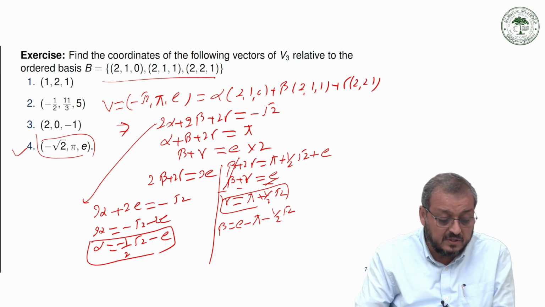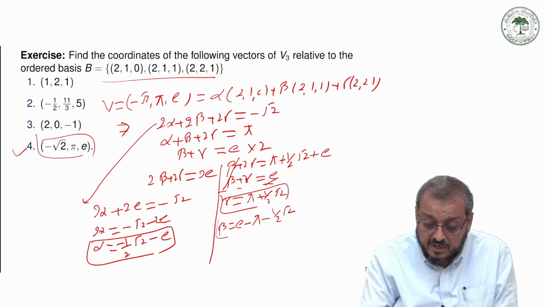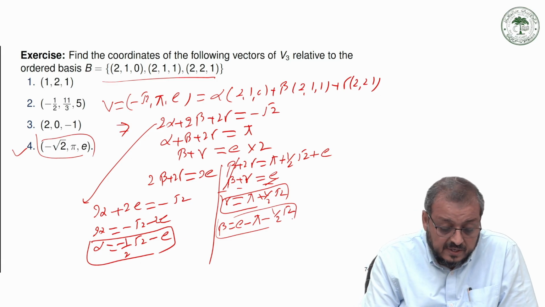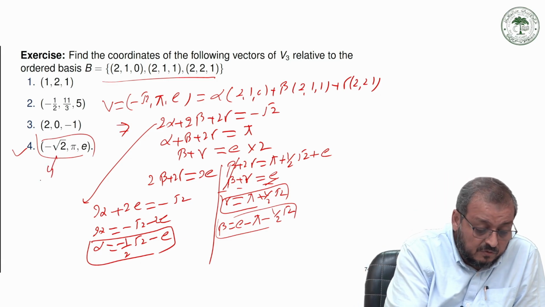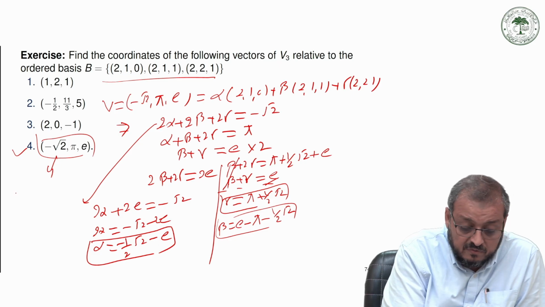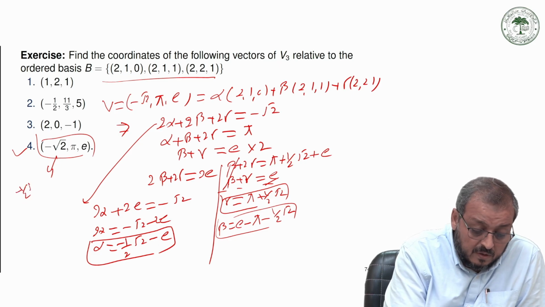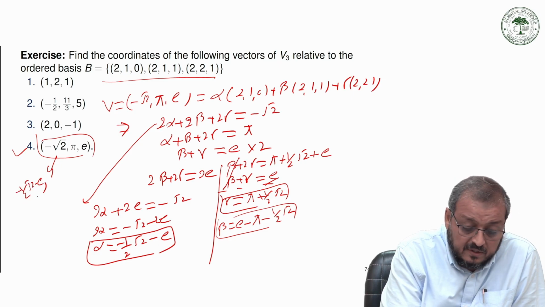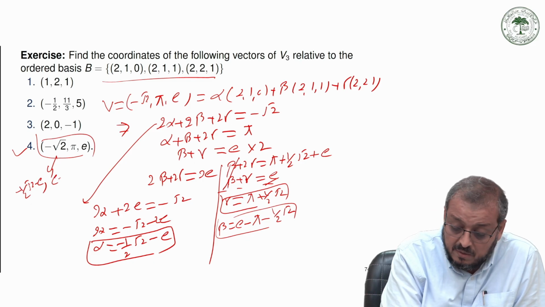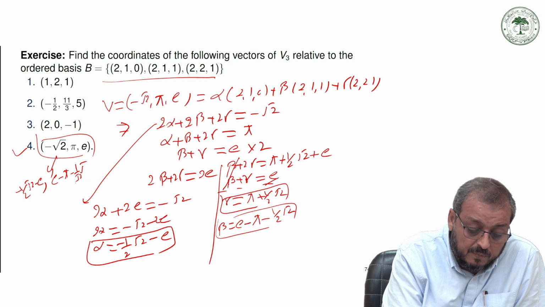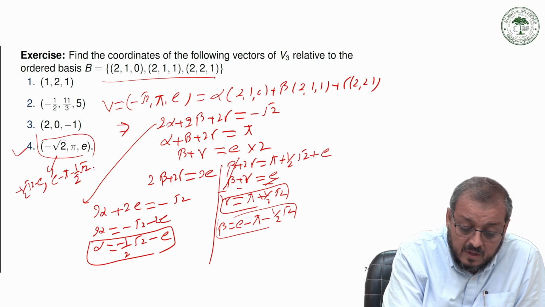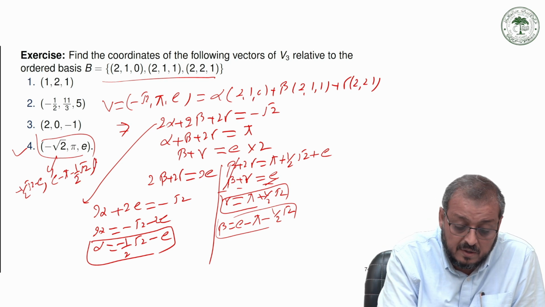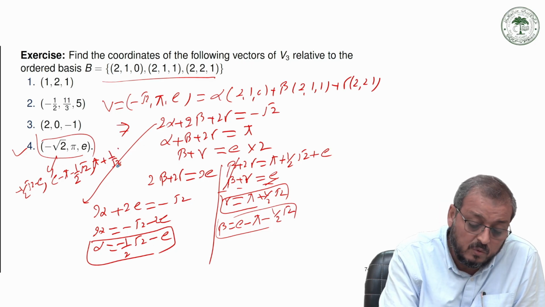So this means we can say that these are the coordinate vectors of this. Clearly the coordinate vector in the form: alpha is equal to minus 1 by 2 root 2 minus e, beta is equal to e minus pi minus 1 upon 2 root 2, and gamma is equal to pi plus 1 upon 2 root 2.